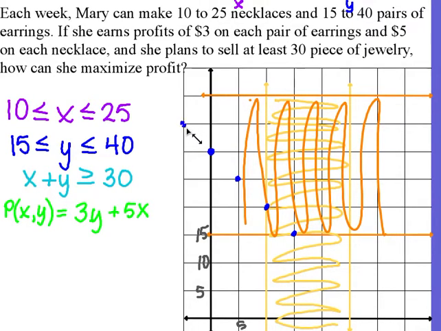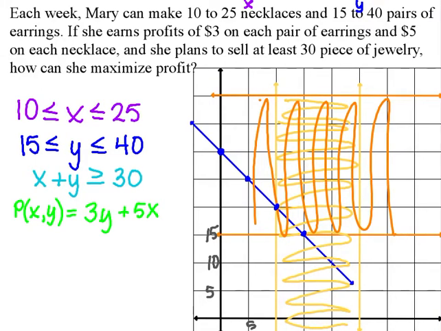Okay. Which way are you going to shade? To the right. Good job.